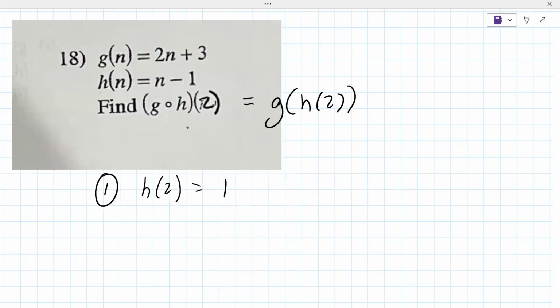Okay, so that becomes the input to the other one. And 2, so 5. All right, good. I think you're starting to get this. A couple more examples, then we'll move on to some other stuff.